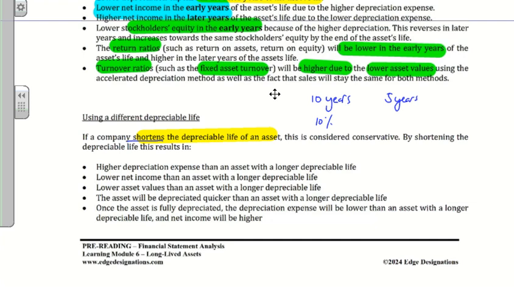What happens now? Now I'm going to depreciate it by 20% per annum. Are you being more aggressive in your accounting, or are you being more conservative? What's interesting is you're being more conservative, because when you shorten the depreciable life from 10 years to 5 years, you are increasing the amount of depreciation. What are you doing to your net income, guys? You are reducing your net income.